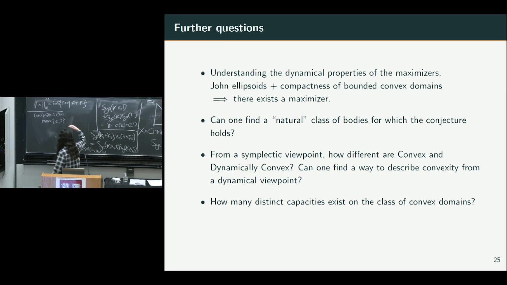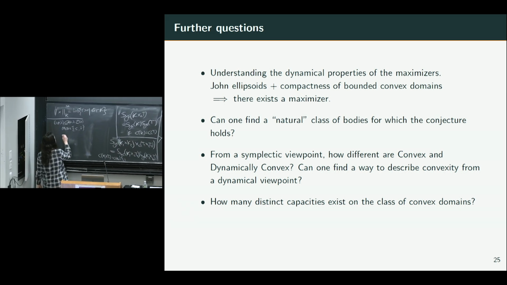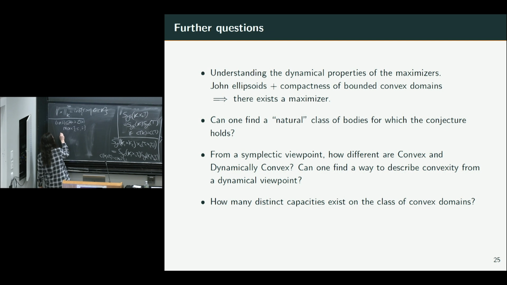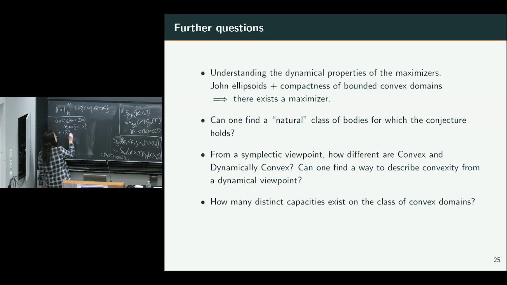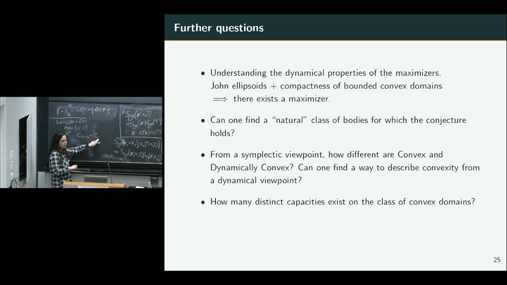And I should remark that, concluding a lot of work in that area, in dimension 4 it is known that the EHZ capacity, which a lot of capacities are equal to, is actually equal to the cylindrical capacity.